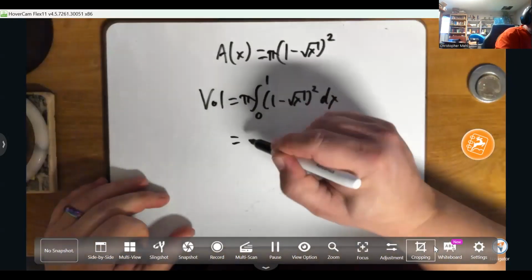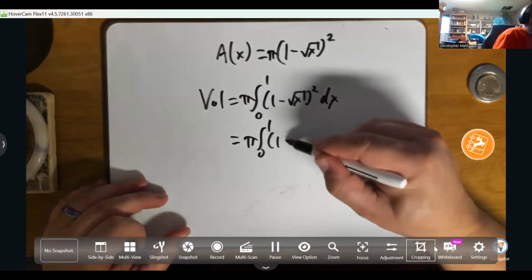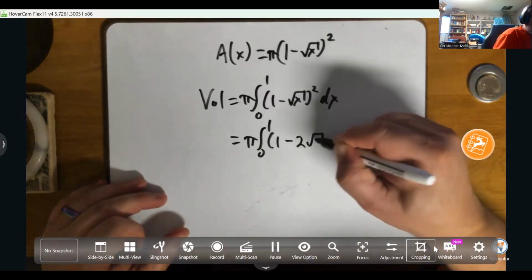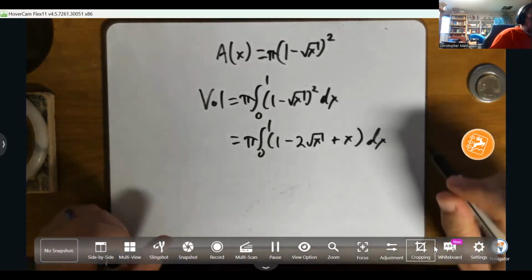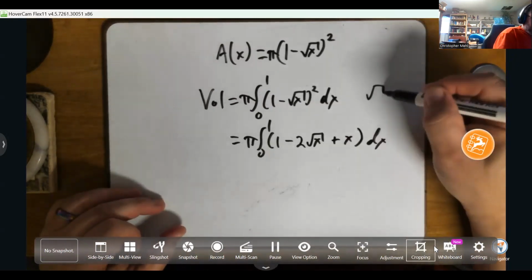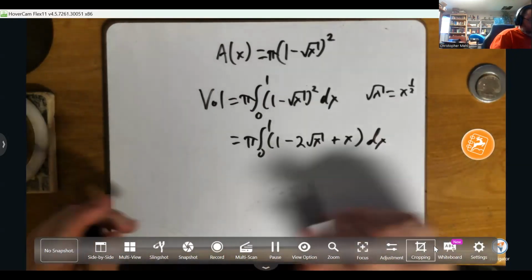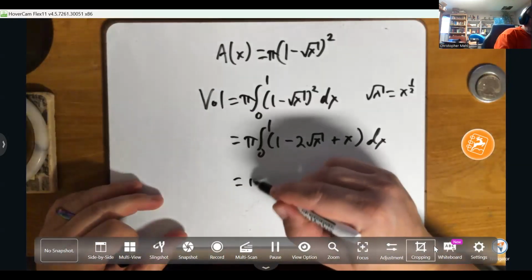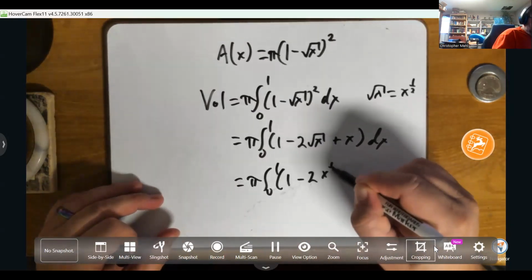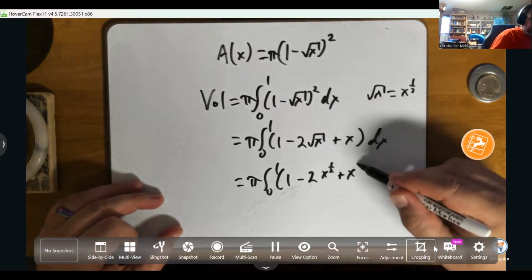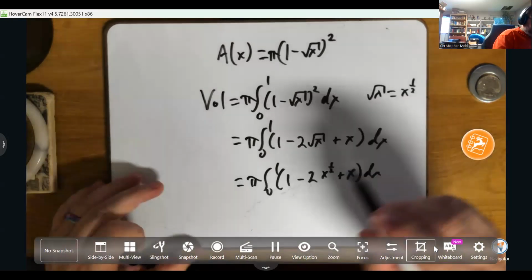I'd expand this. So pi integral 0 to 1, you're going to end up with 1 minus 2 root x plus x. And remember, square root of x is the same as x to the 1/2, so you can do the power method there. So this is pi integral 0 to 1, 1 minus 2x to the 1/2 plus x dx, and you can use the power method on all of those.